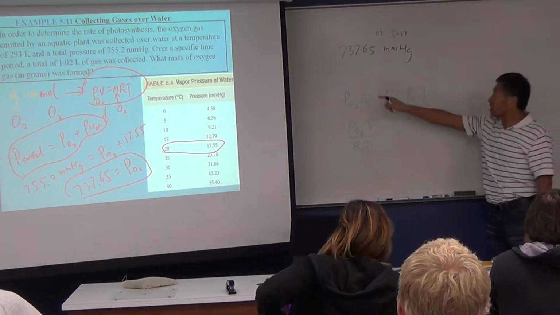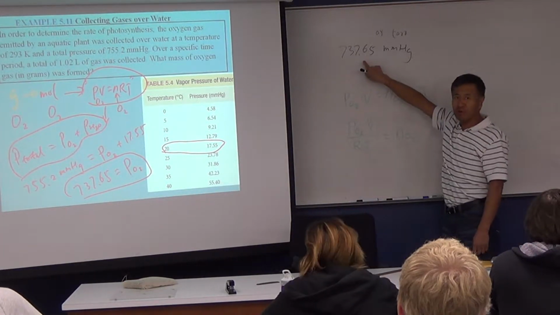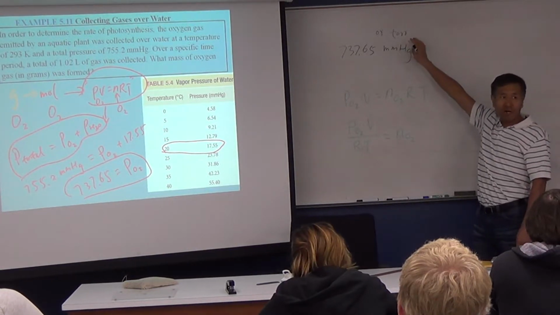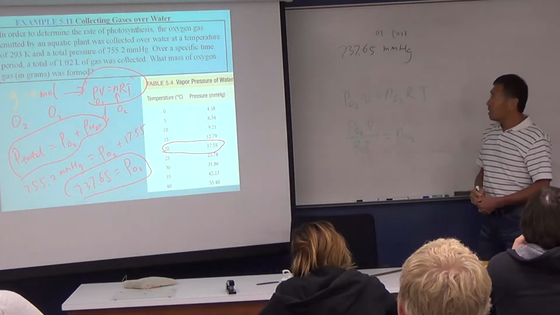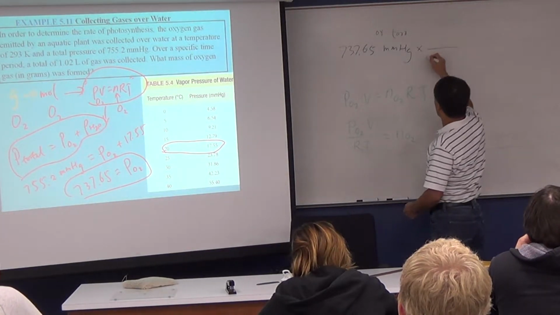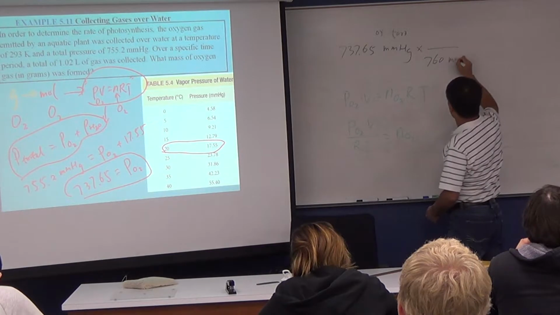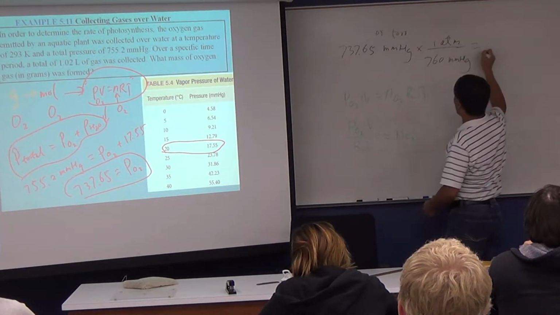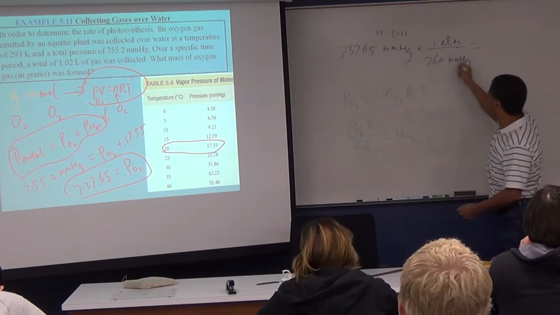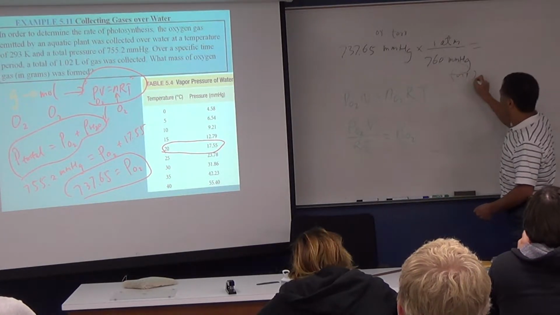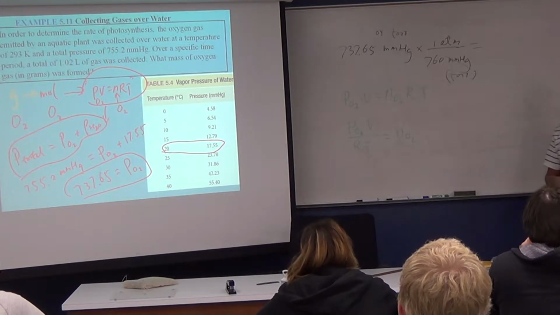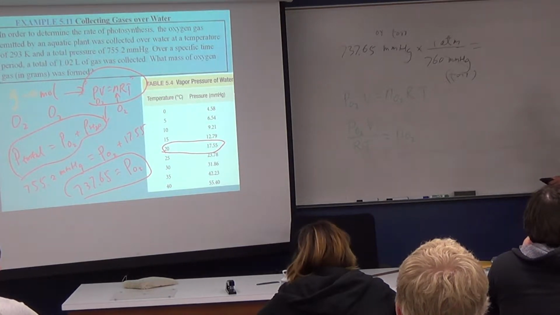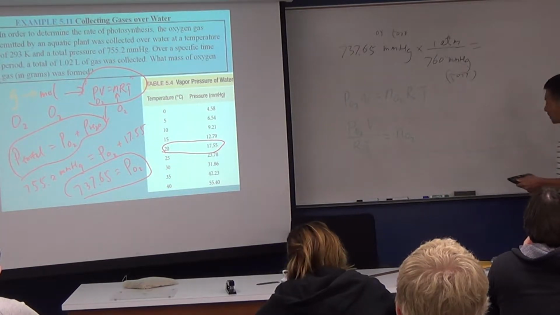So 737.65 mmHg, or I can write torr. Right, so what you do is take that number and divide by 760, and then this will come out. Or sometimes you will write this number in this unit, so those are the same.